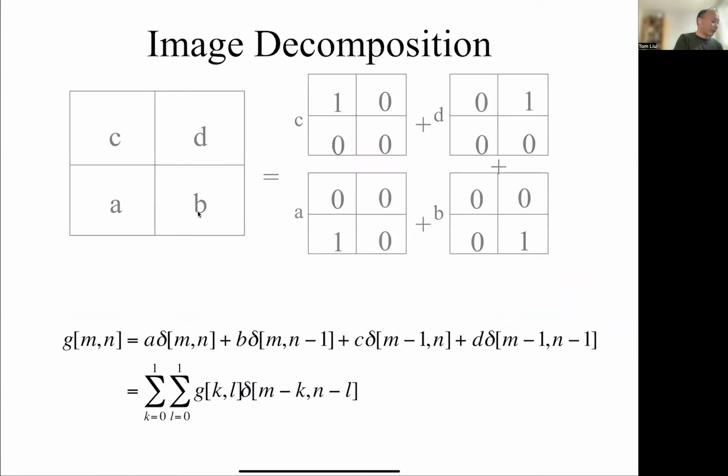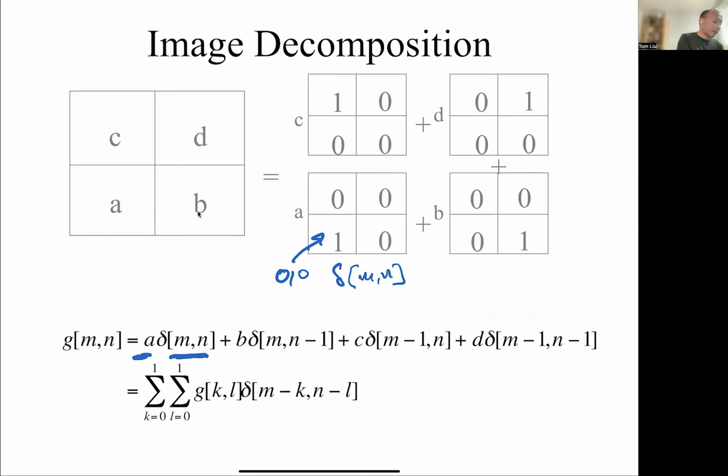So how would we write this? Unfortunately, I think I reversed it here, so A, B, C, D is different here. But let's say that this is the origin, so this has origin 0, 0. So what is this? This is a Dirac delta function, or sort of Kronecker delta function, delta m n. So this image is just A times the Kronecker delta function m n.